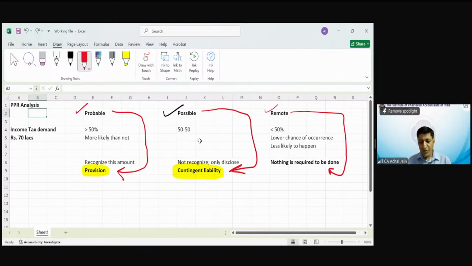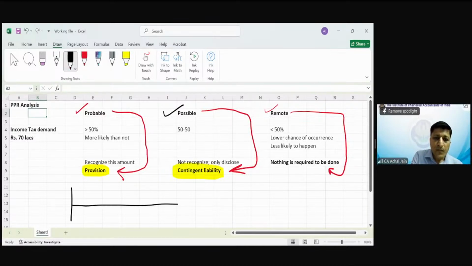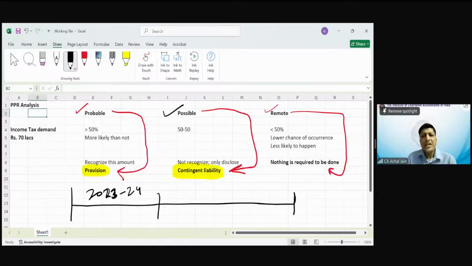Okay. So now you're saying, let's suppose in a particular financial year, management received this notice, say in 23-24. That is when the management found this to be remote, so they didn't do anything in the financial statements.